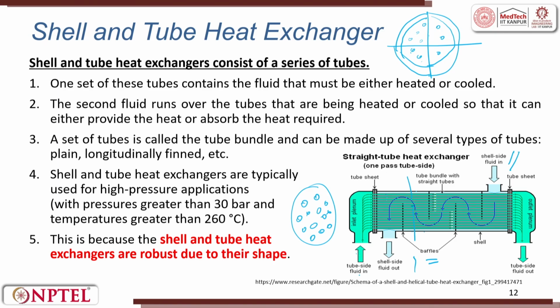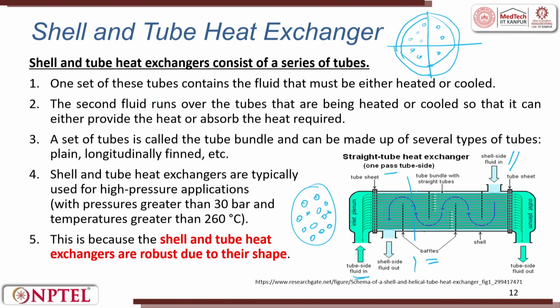The tube side fluid goes through this way, and from here to here when it flows through, it exchanges heat with the fluid inside the shell. So, this straight tube heat exchanger works on the principle of one pass.